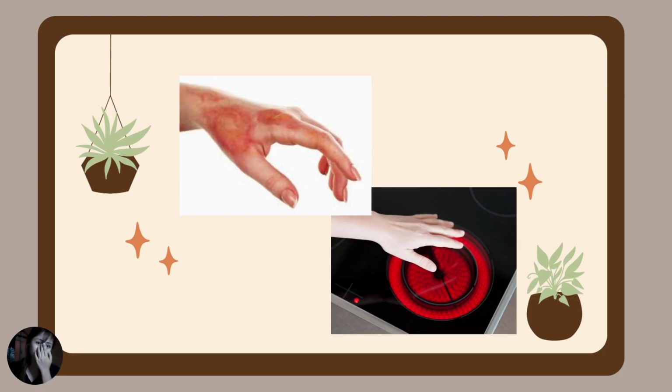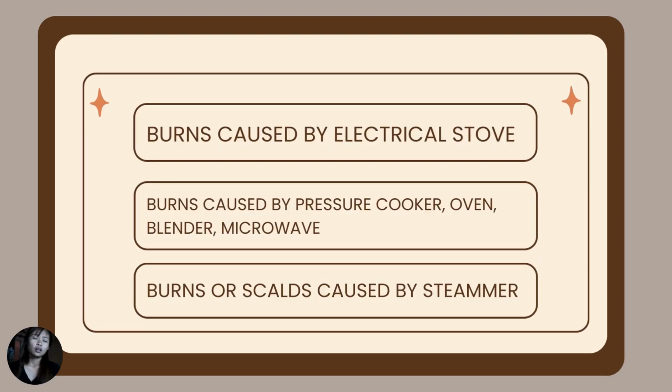As you can see in the picture, this is an example of burns caused in the kitchen, like the stove. You get burned when you're not paying attention and the stove is on. These are burns caused by an electrical stove, pressure cooker, oven, blender, microwave, and scalds caused by a steamer.